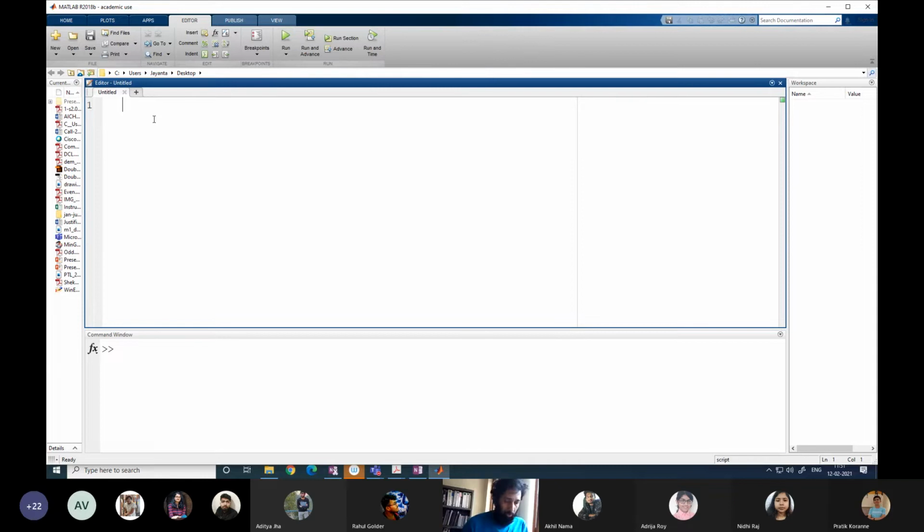So let us think Bio number. It's not yet ready. Say Bio number equals 1. And let us plot x equals linspace 0 to 10.